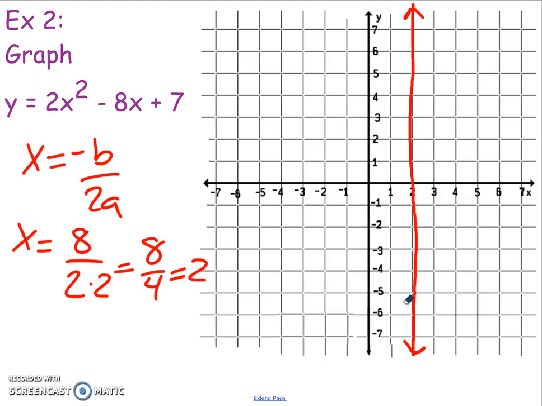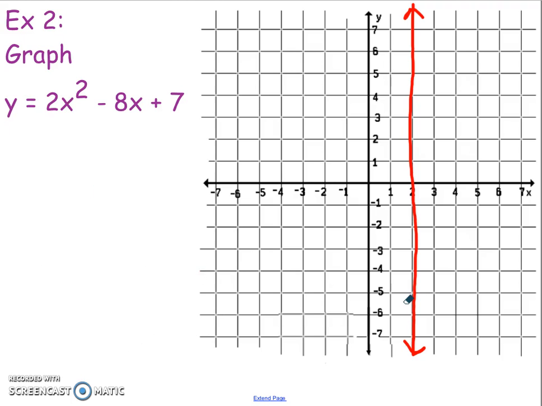Now I'm going to put 2 in everywhere I have an x. So I'm going to erase so I have some room here. So I've got y equals 2 times 2 squared minus 8 times 2 plus 7.